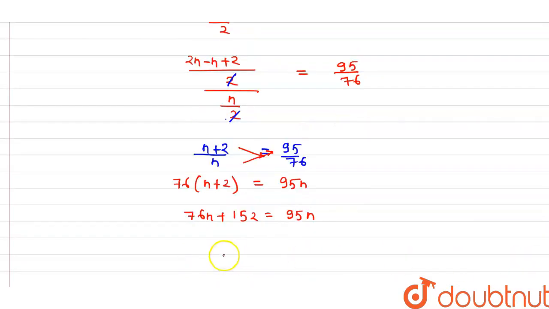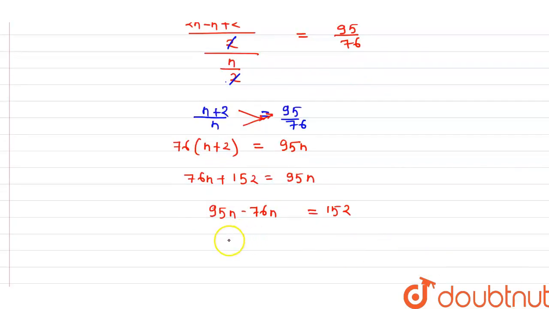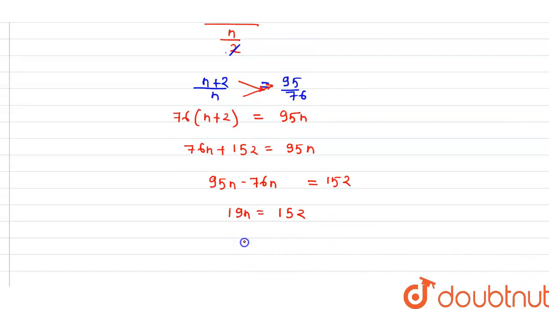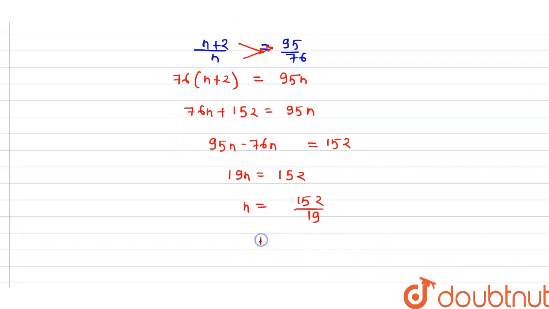Then 76n + 152 = 95n. Simplifying, 95n - 76n = 152, so 19n = 152. The value of n is 152 divided by 19, so n = 8. The question asks for the value of n, so n is equal to 8.